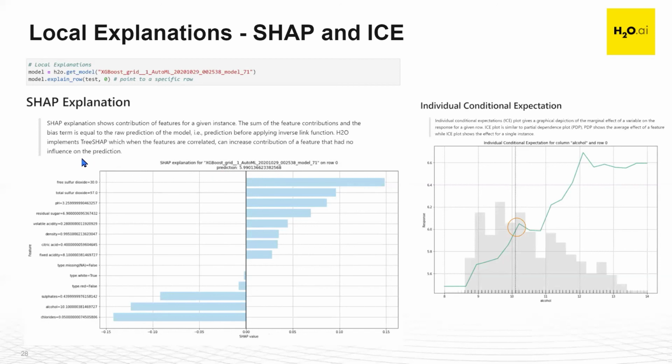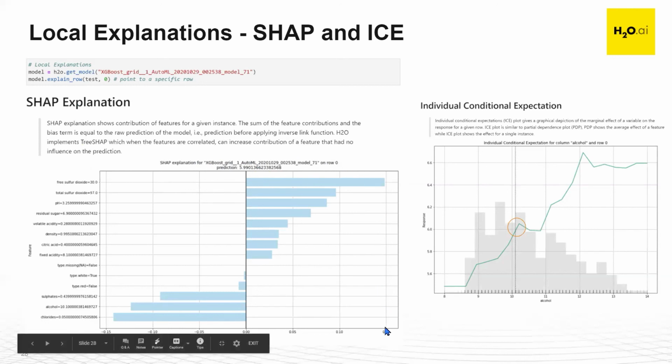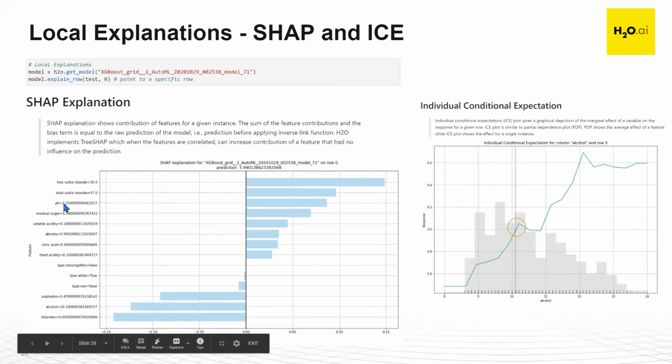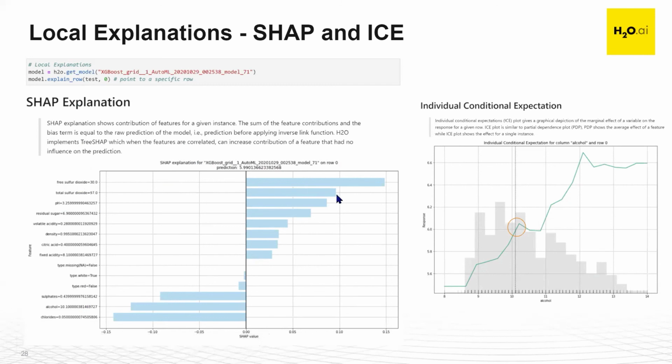Say, okay, now we have the first row of the test set, the model is giving a prediction of 5.99. How do we explain that 5.99? You can see that about 0.14 is coming from the free sulfur dioxide, etc. And then different kinds of features have different contributions. And now we can actually put a number, we can quantify that for the decision maker.